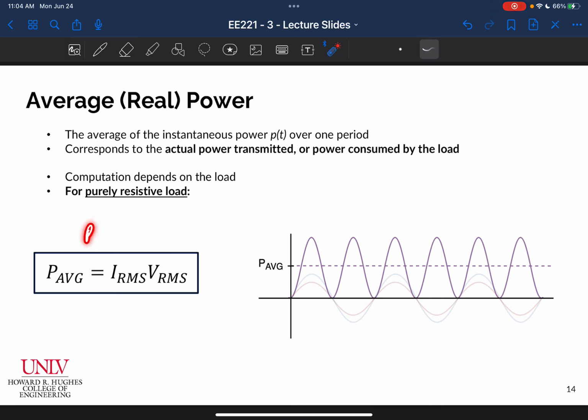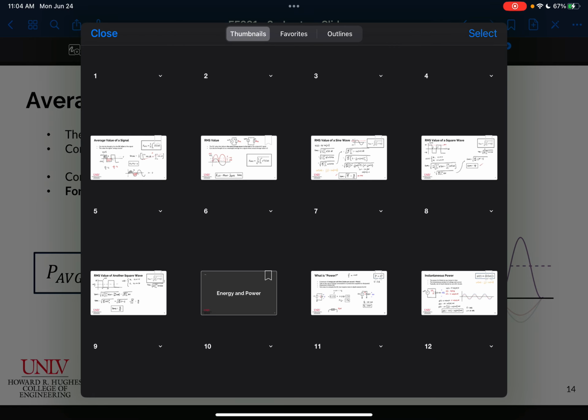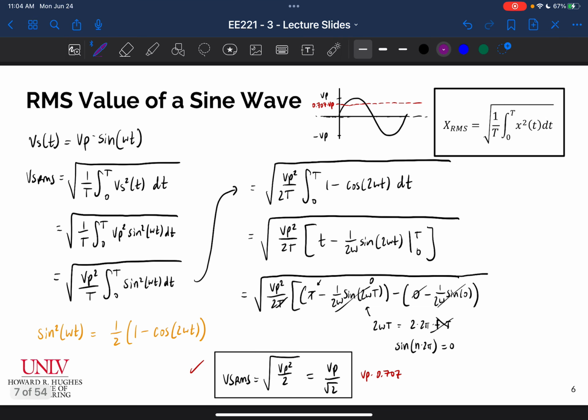It's pretty similar to P equals I times V for the DC case, but these are DC equivalents for our AC signals. And you might be thinking, oh boy, we have to find the RMS value of the current and the RMS value of the voltage. That's even more work than what we did previously. But recall that if I go back to our RMS slides, we've already discovered the RMS value of a sine wave, any sine wave.